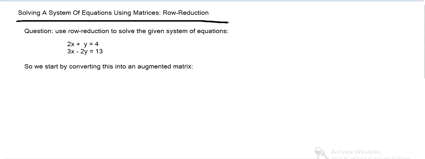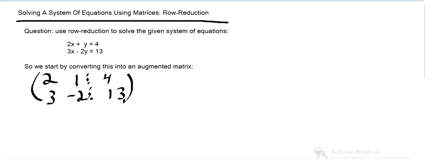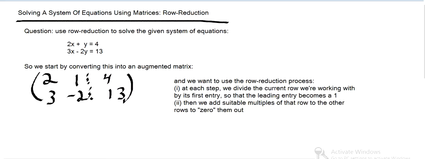So we can start by converting into a matrix, just taking the coefficients. So we've got 2, 1, and then on the right side we write 4, and 3, minus 2, 13. And so we're using the row reduction process.